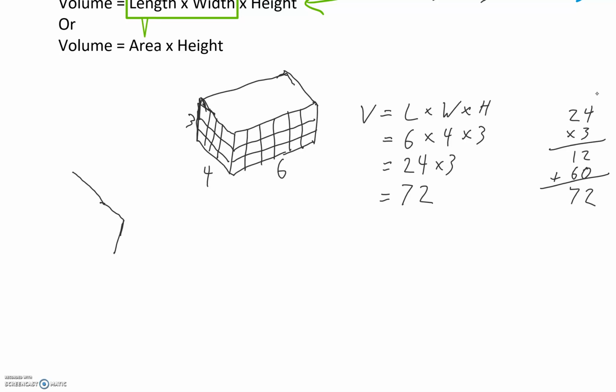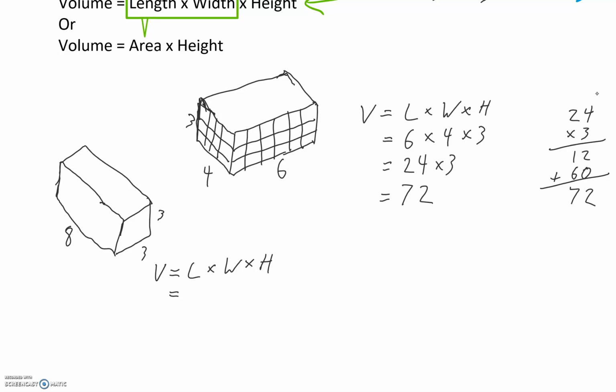So maybe we've got a 3 by 3 by 8 rectangular prism. Volume equals length times width times height.